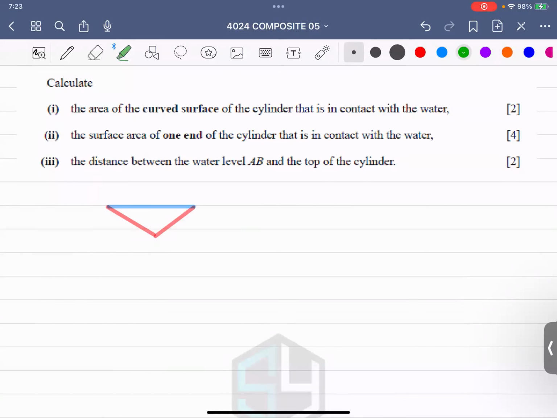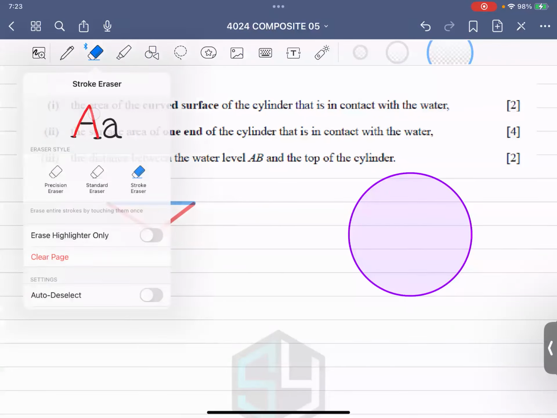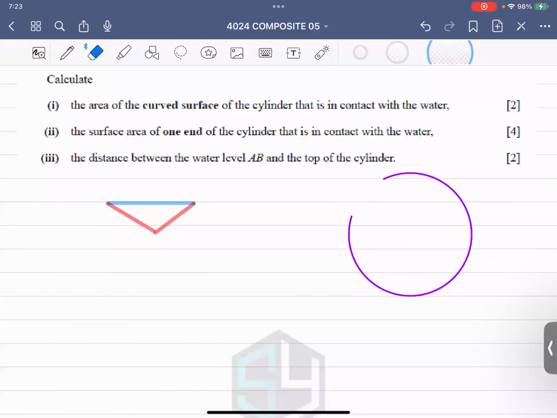That is the curved surface area. It goes like this, and then this thing. Okay, so now this goes like this, and I need to label the radii.